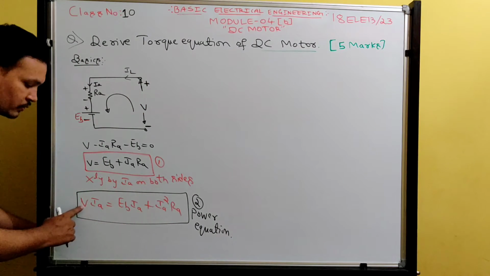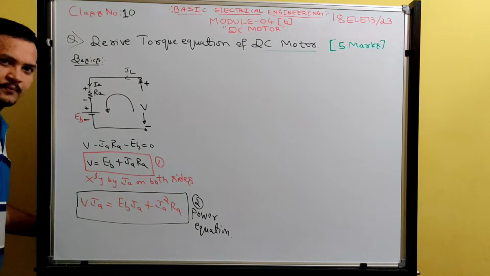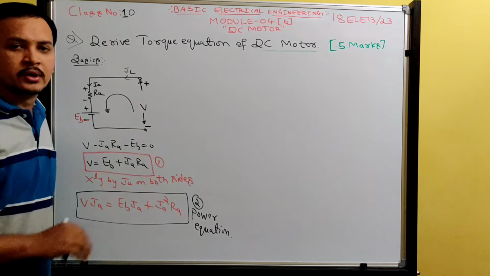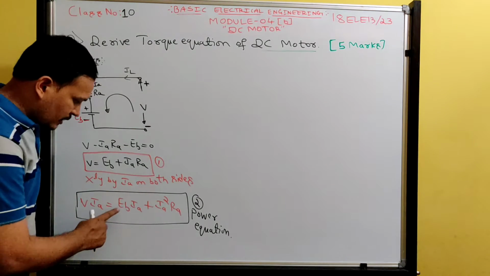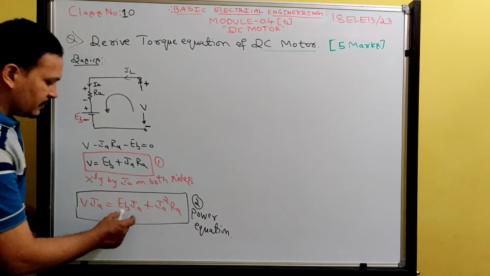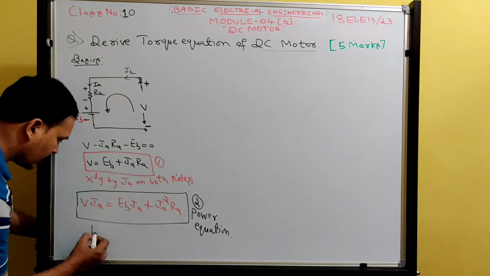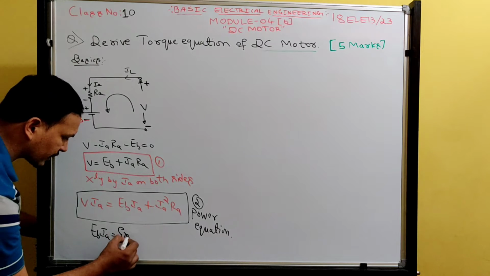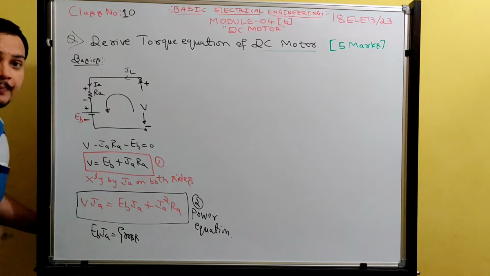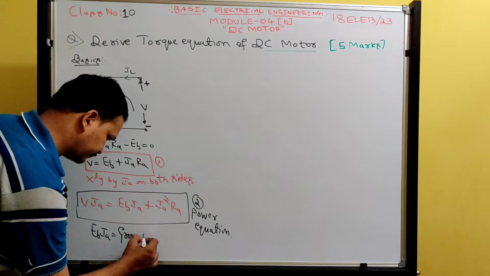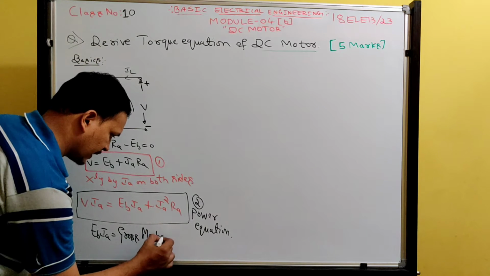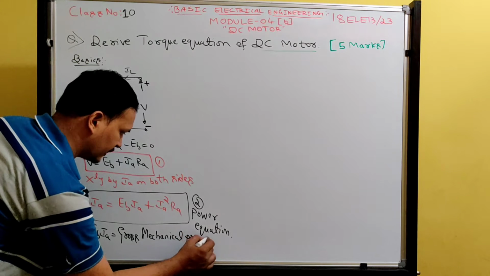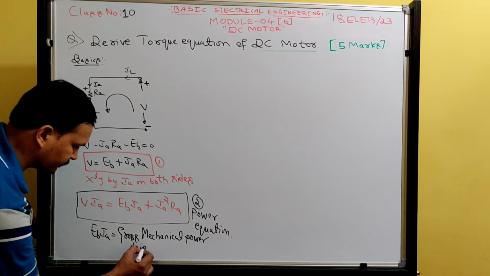Where V into IA is called net electrical input to the armature, and EBIA is called gross mechanical power developed in the armature.